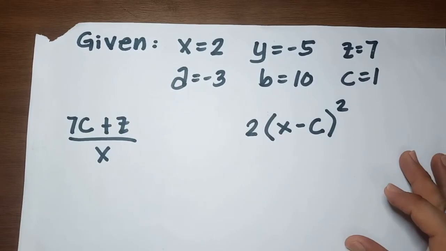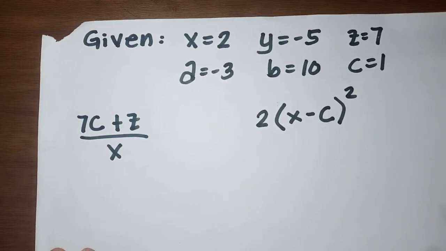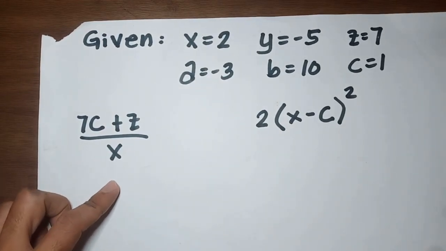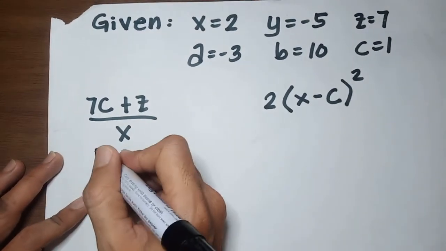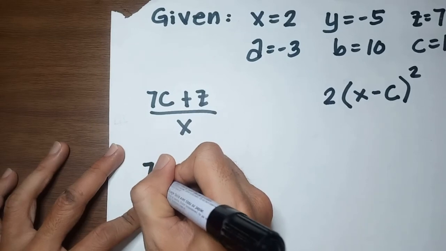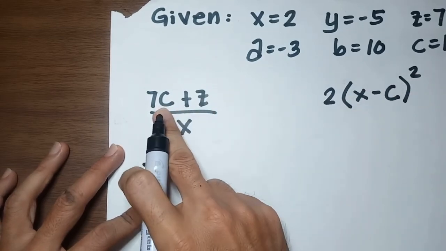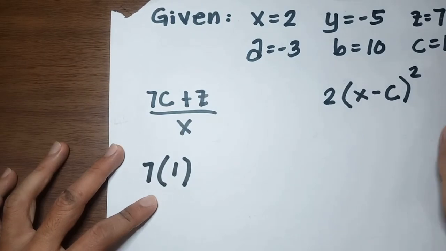Okay, next example. The same given x, y, z, a, b, and c. We are to evaluate 7c plus z over x. So substitute. We copy 7. Our c is 1. So instead of writing c here, we substitute the value of c, which is 1.